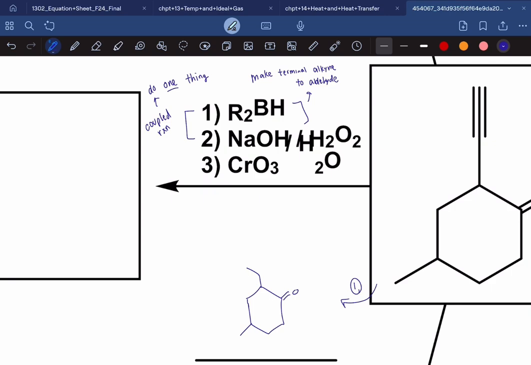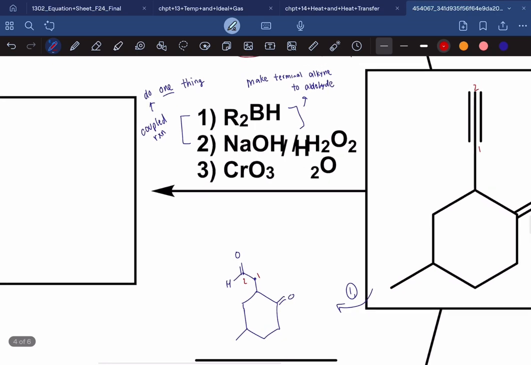And then it adds, so this carbon is here, this carbon is here, and then it makes this into OH, like that. Okay, and let's label these, right? This is 1, this is 2, this is 1, this is 2. So that's how it kind of works. And then this is step 1 and 2, but step 3 is our final step.